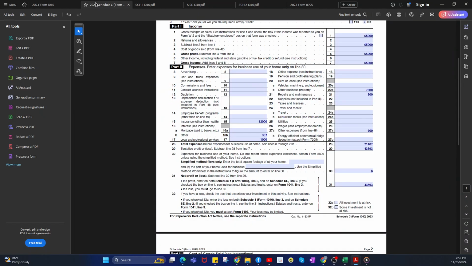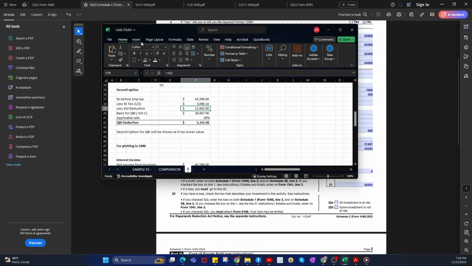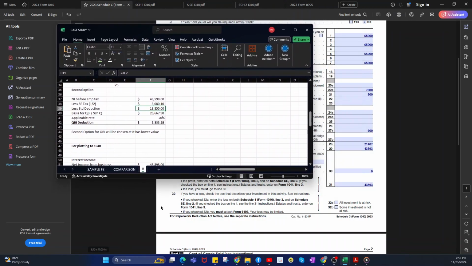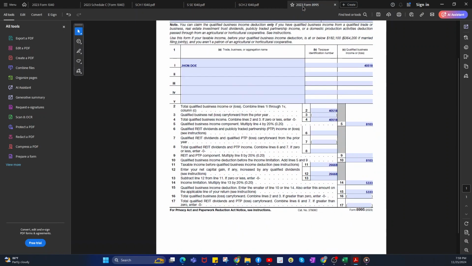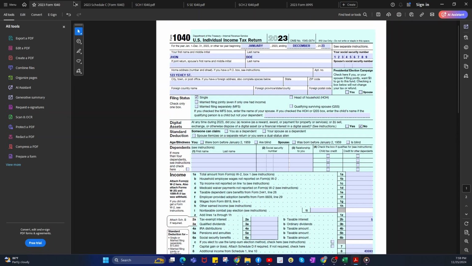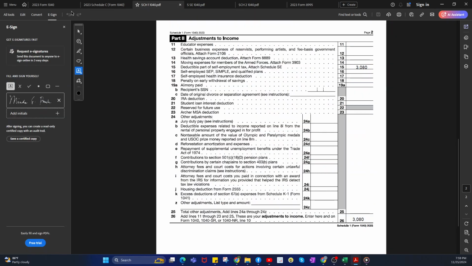So this is a pretty straightforward process for a single member LLC, as we recreated Form 1040 for individual, Schedule C, Schedule 1, Schedule 2, and also self-employment tax, and also Form 8995. So I hope this helps. If you have questions, just let me know. All right, thank you.